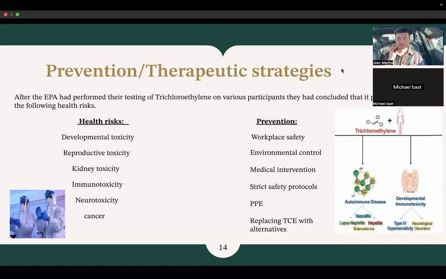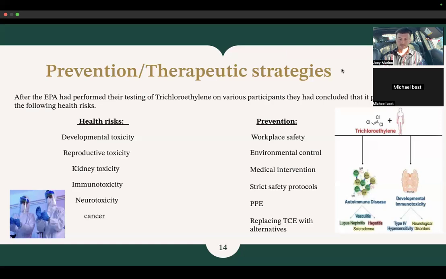Lastly, to help prevent these health risks, firstly, there is workplace safety. It's important to have a good understanding of how to maintain sterility and strict safety protocols, as well as wear the correct PPE.